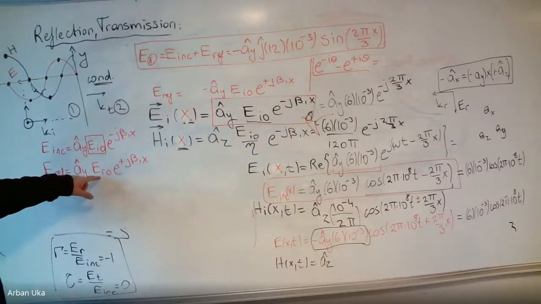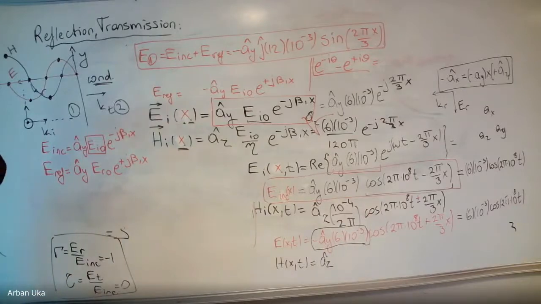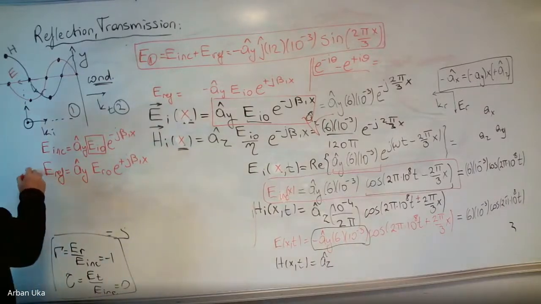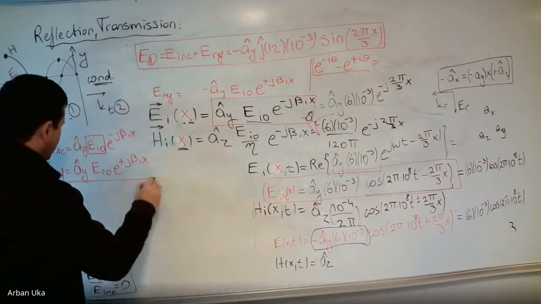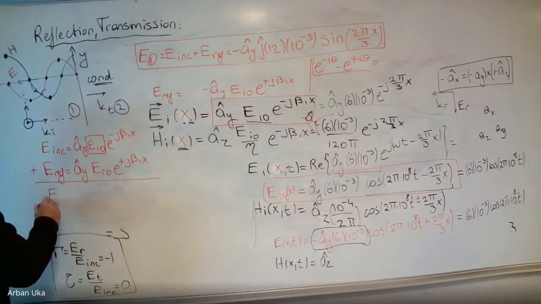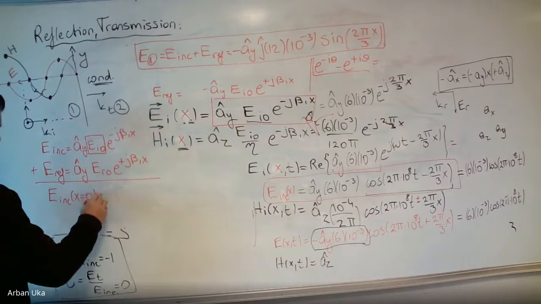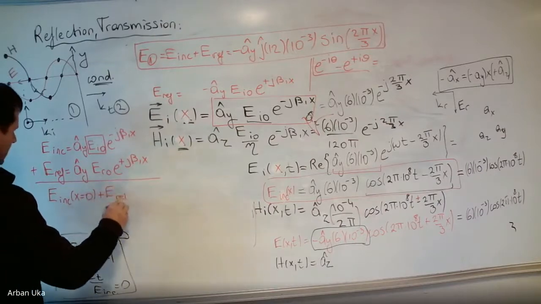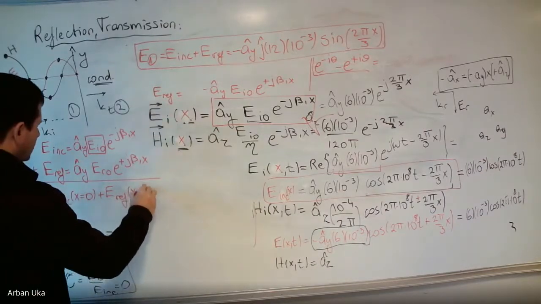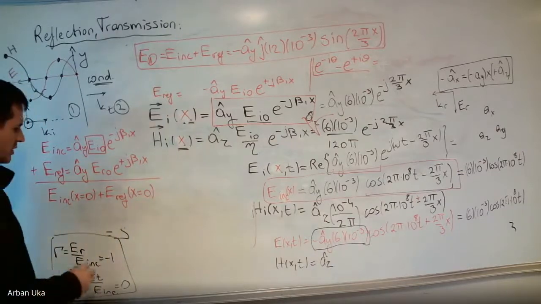We have to figure out what E_r0 is. Now, we know the following: if we add these two terms together, E incident at x equal to 0 plus E reflected at x equal to 0, this should be equal to what?